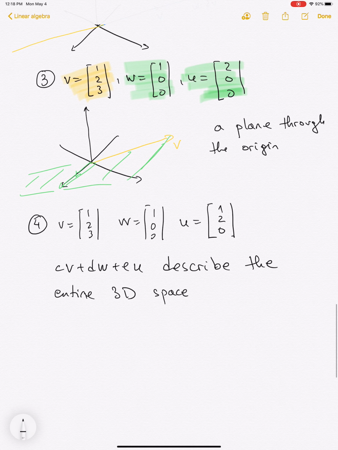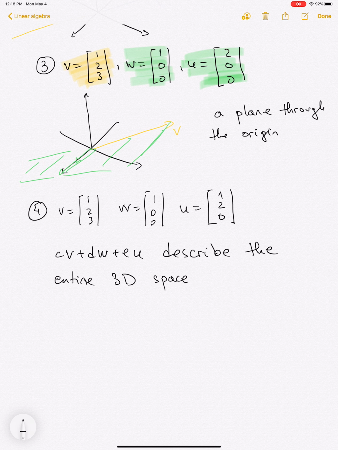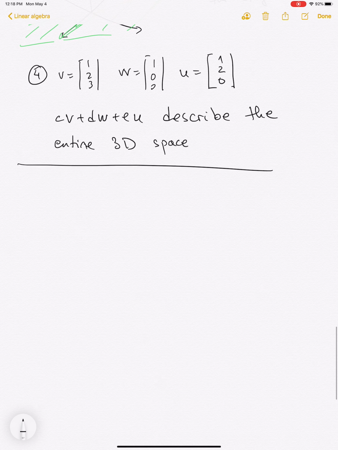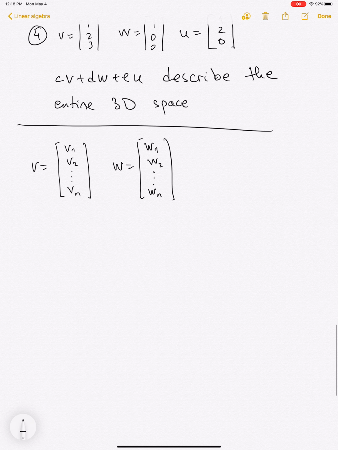We can talk about these things in higher dimensions as well. Addition and scalar multiplication is defined for an arbitrary number of vectors. So I'll just write that briefly. If you have a vector V with components V1, V2, all the way to Vn, and a vector W with components W1, W2, all the way to Wn, you can add these two vectors.